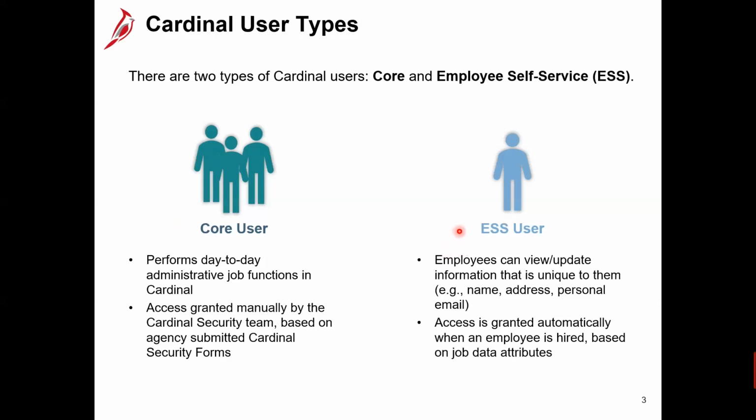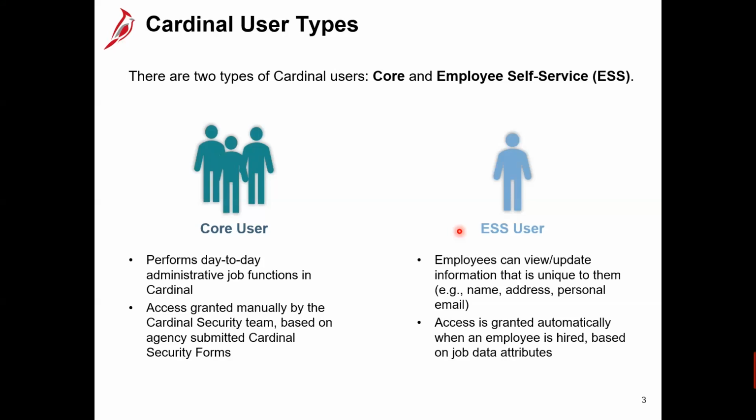The ESS users are individuals who are employees, but they would also have access to information such as their name, address, print W-2s if you're a payroll agency. So additional information that those users might need access to. That access is granted automatically when the employee is hired by the HR administrator based on their job attributes.